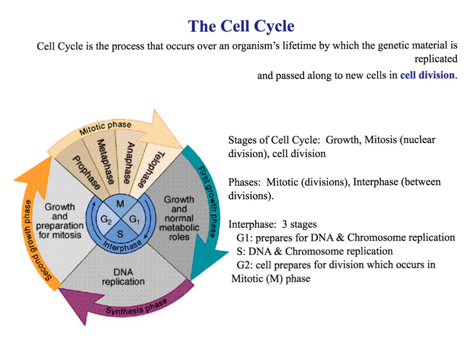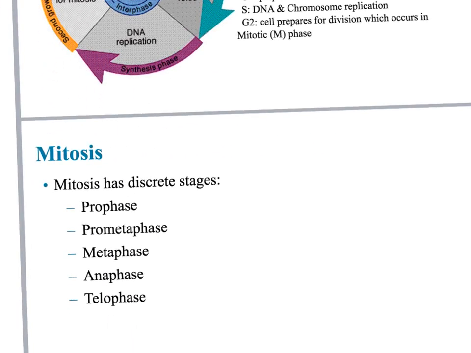The S phase is where DNA and the chromosomes replicate. And then G2 is where the cell prepares for division, which occurs in the mitotic phase, the M phase. And the mitotic phase is further broken down into prophase, metaphase, anaphase, and telophase. So we'll look at each of those in more detail.